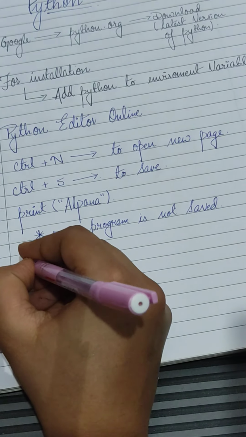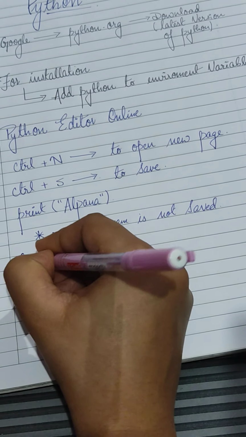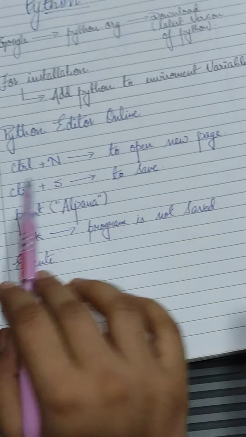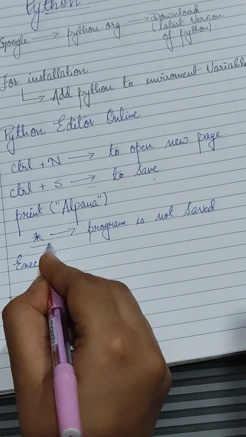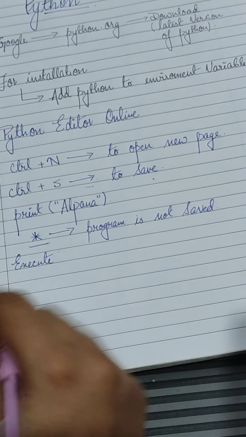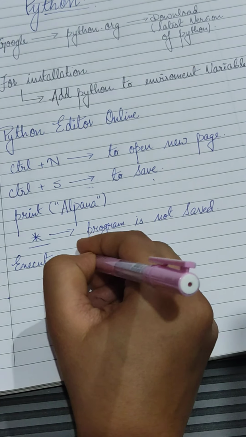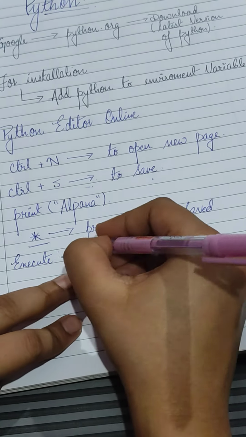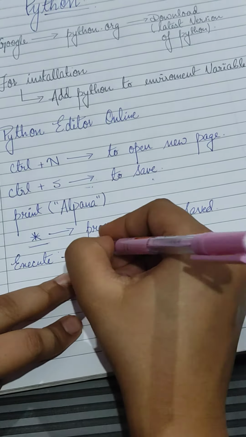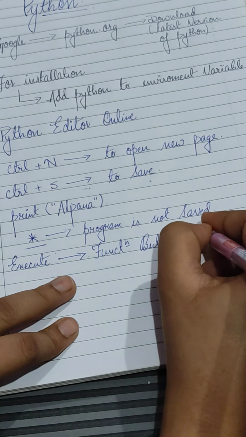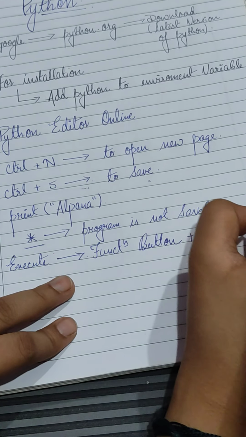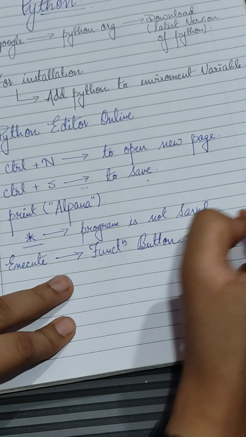We have already seen how to save a program. If you haven't saved the program, it will contain the star mark. So to execute your program, you have to press the function button plus F5, or Run Module as well.